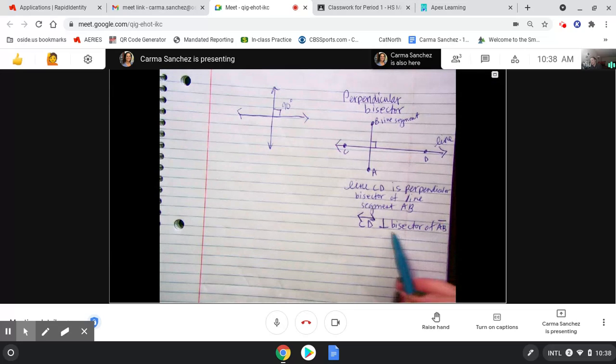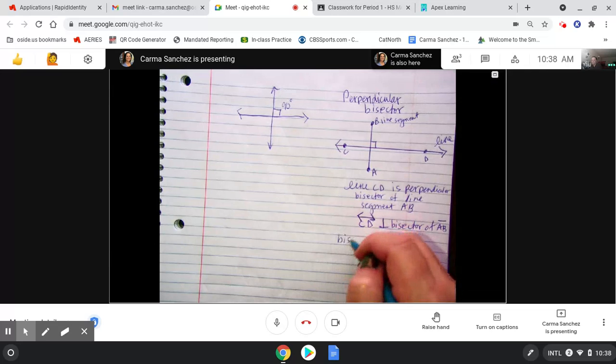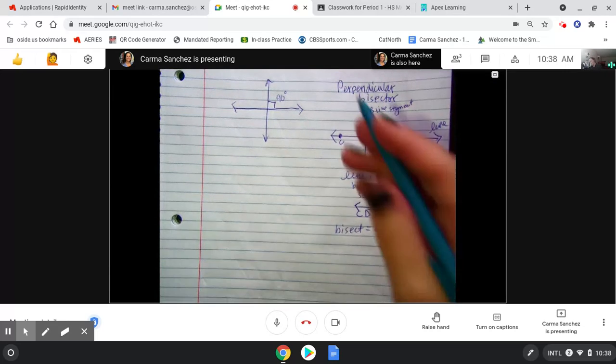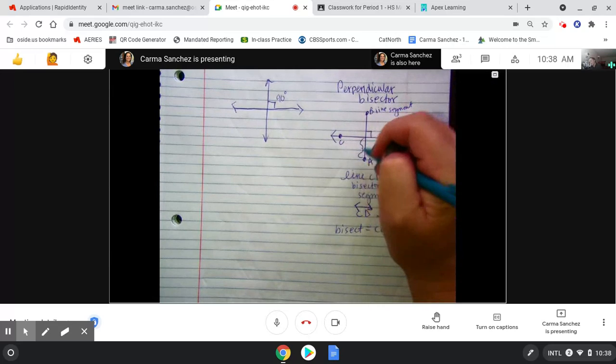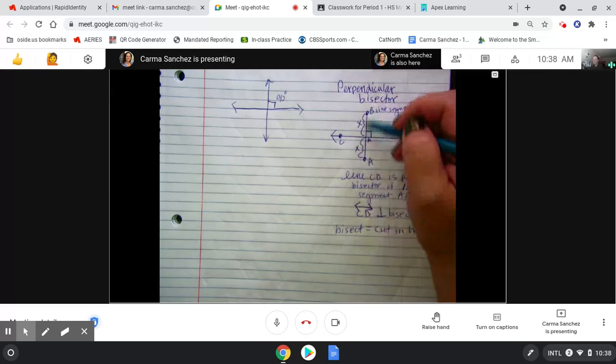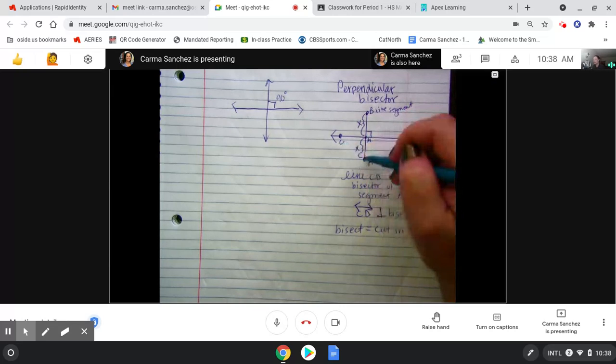What does bisector mean? It means you're cutting a segment in half. So that means that this is the same distance. Let's call this center midpoint M. This is the same distance as this. If this is a length of X, then this is a length of X because M is the midpoint, because this bisected this little line segment.